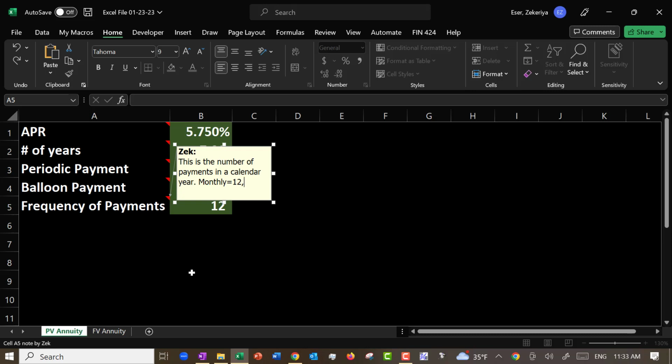Monthly equals 12. Quarterly equals 4. Semi-annual equals 2. Annual equals 1. Weekly equals 52. Daily equals 365.